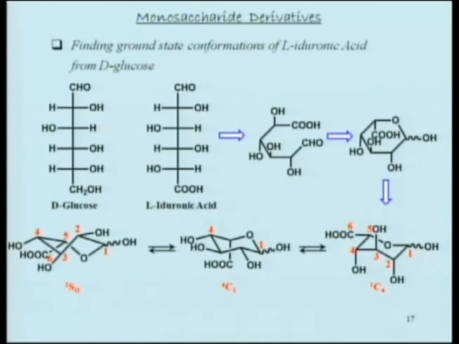So here is how, for example, L-iduronic acid would work. Okay? Can I go a little bit faster? Yeah. So here you can see this is D-glucose, this is L-iduronic acid. In L-iduronic acid, you arrange it so that that OH comes at the bottom, that OH is at the top, that OH is at the bottom, that OH comes out at the top. Yeah? And what do we do?